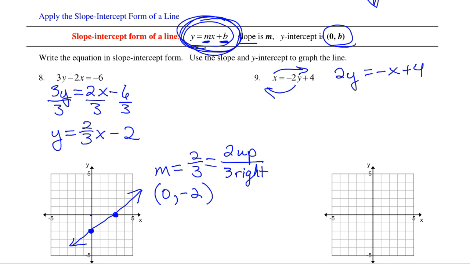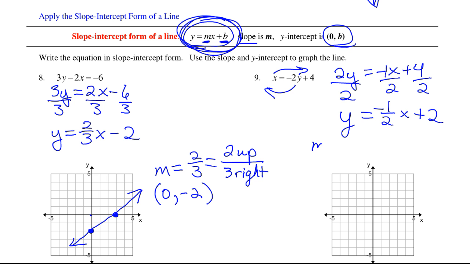And then dividing each term by 2 to get the y by itself gives me y equals, now remember, there's like a 1 up here with the x, so -1x, or I can write it as -1/2 times x plus 2. So now I can see that I have a slope of -1/2, and my intercept is the point 0, 2.